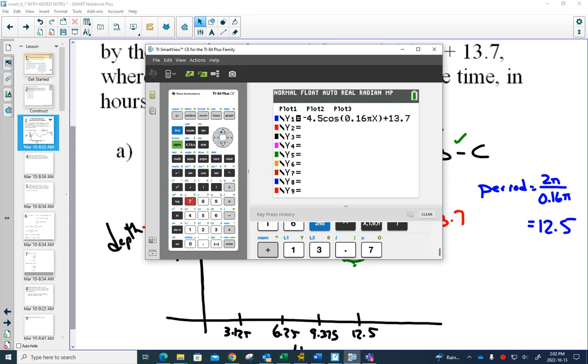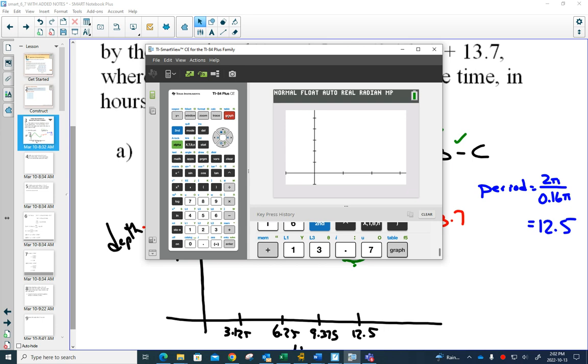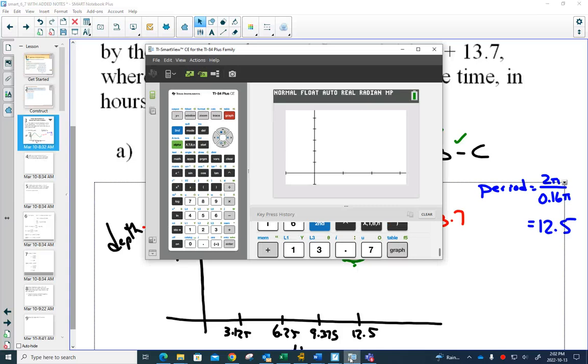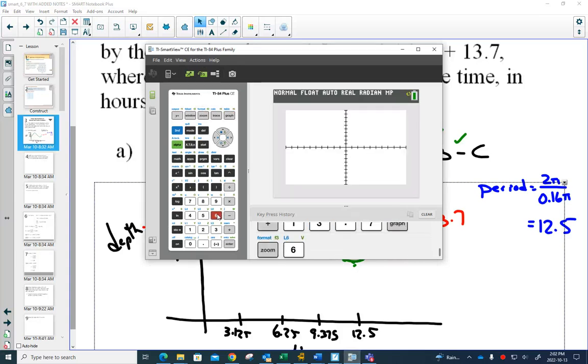However, when I push graph, I don't see it. Why? Because I think most of you, if you do this, are probably on the standard window. You might just see a little bit of it if you hit graph.